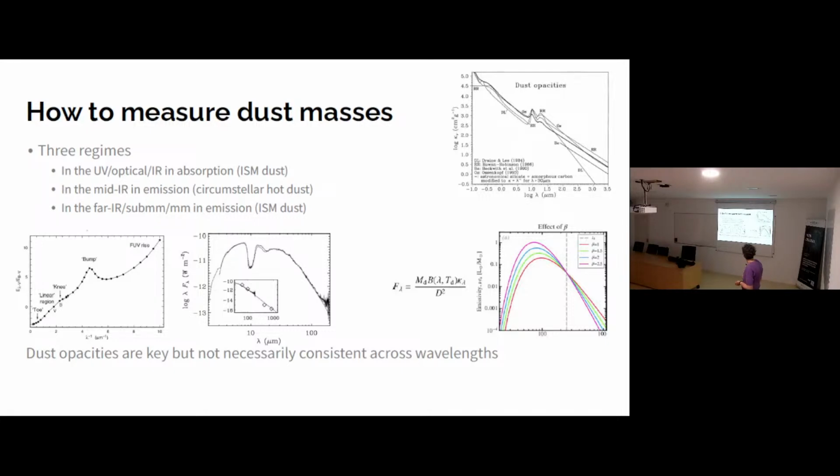So in order to measure dust masses, dust opacities are key throughout all these wavelength ranges, but they're not necessarily consistent throughout the entire wavelength range. Another thing to bear in mind is that while we do know dust opacities well in the UV, optical and infrared, because we can go and measure them in the lab, this is a different matter when you start getting into the submillimeter and the millimeter, and we just don't know the dust opacities all that well.